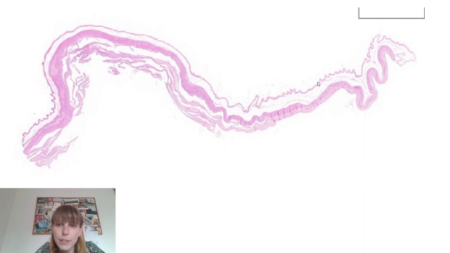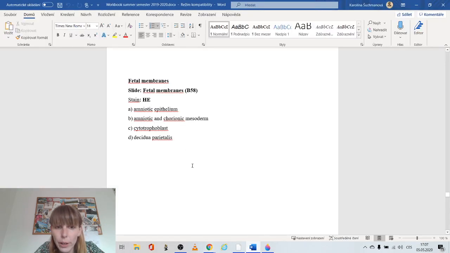So this will be the side of the amniotic cavity. So this will be amnion, and underneath it you would have extraembryonic mesoderm, then trophoblast cells, and then decidua, the maternal part. So you need to find the epithelium, and then underneath it you will see the loose part of connective tissue, which will be both amniotic and chorionic mesoderm fused together.